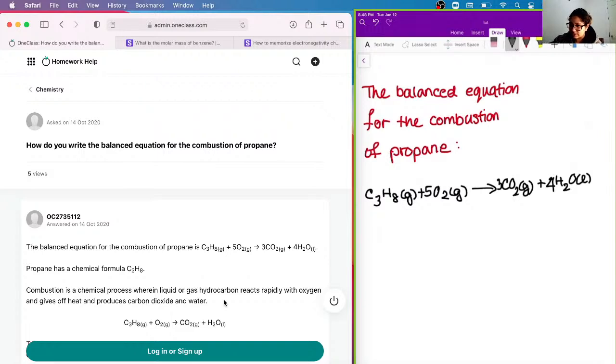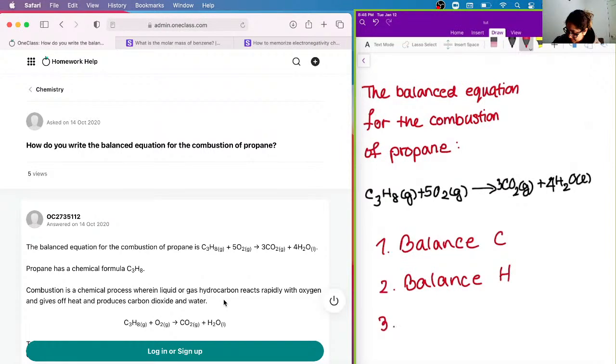So the first step would be to balance the carbons. The second step would be to balance the hydrogens.